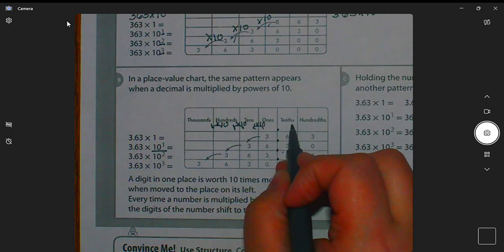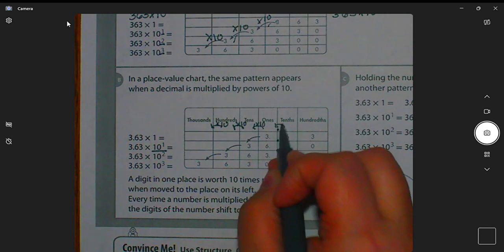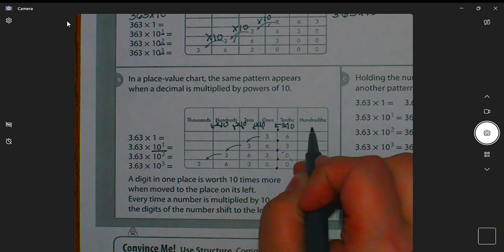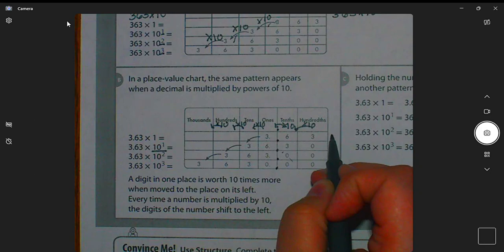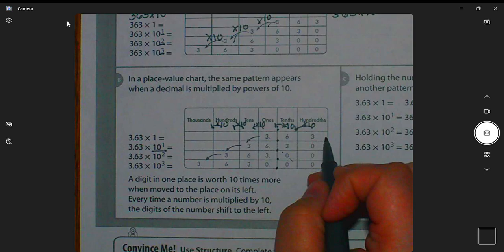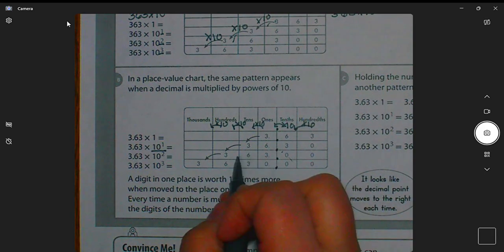To go from tenths to ones, it's a times 10 jump. From hundredths to tenths, it's a times 10 jump. You multiply by 10 to get bigger. Every time a number is multiplied by 10, the digits of the number shift to the left. So they're going to move over a spot on the place value chart each time.